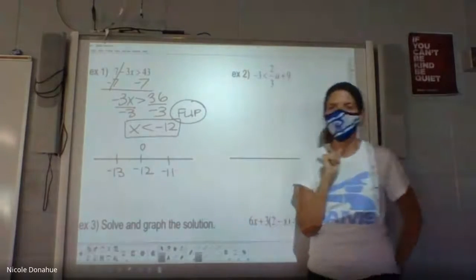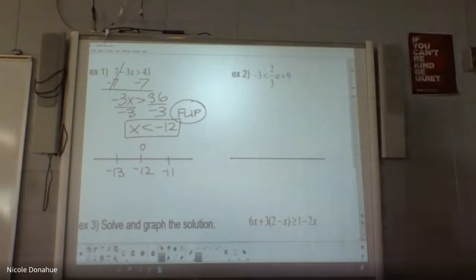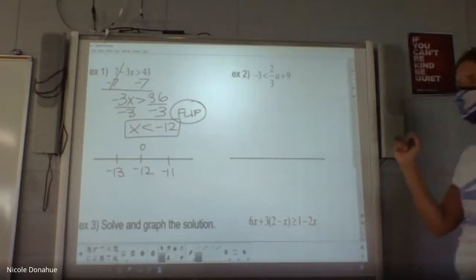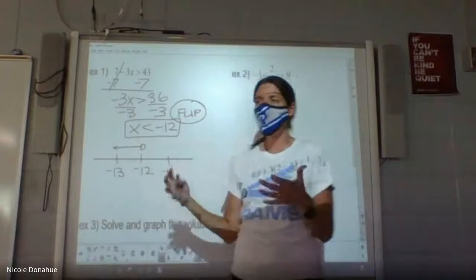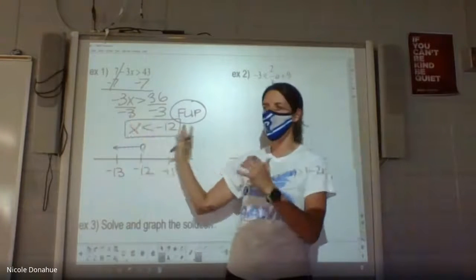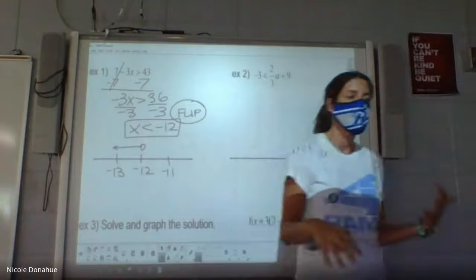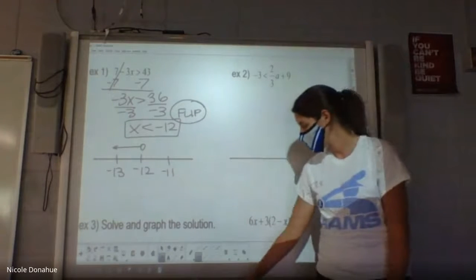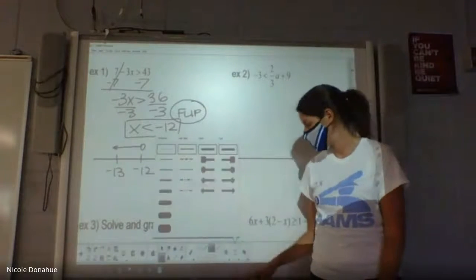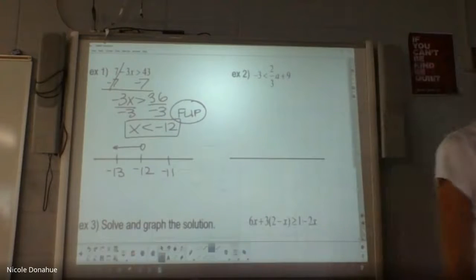Then what way do we go from negative 12? We're going smaller. X is less than negative 12. And it does work that if the x is on the left side, the arrow kind of gives itself away. But that only works if the x is on the left side. If it's flipped, then that idea doesn't help. All right. Questions?